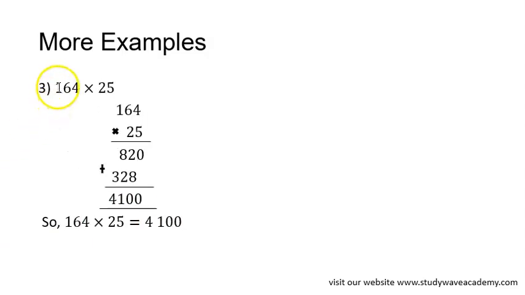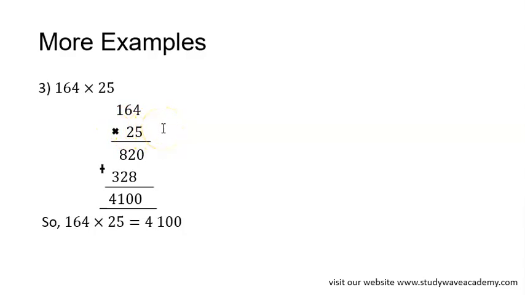Here we have 164 times 25. Writing them in their place value form, ones in ones, tens in tens, hundreds in hundreds. Okay? So we have 164 times 25, ones in ones, tens in tens, hundreds in hundreds. We have arranged them according to their values.